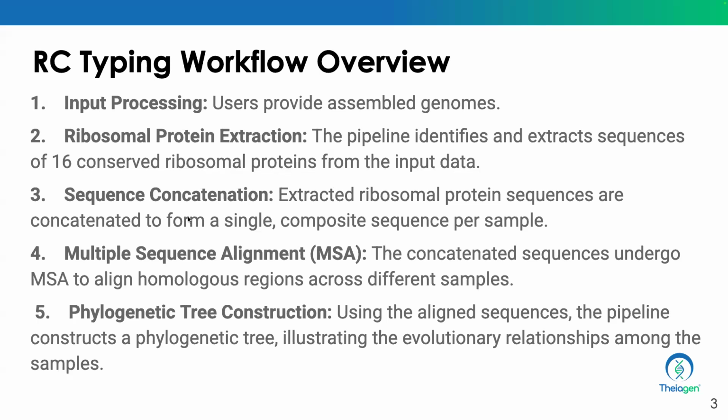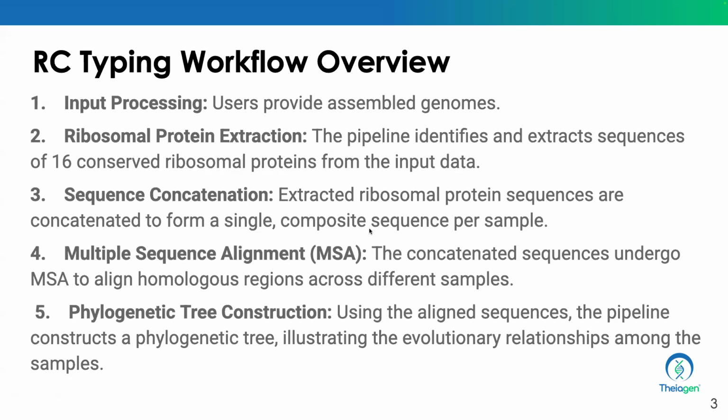And then you have sequence concatenation. So what this does is you have your assembly, you extract the 16 sequences, and then you concatenate them in a sequential manner to make one sequence for each sample, okay?